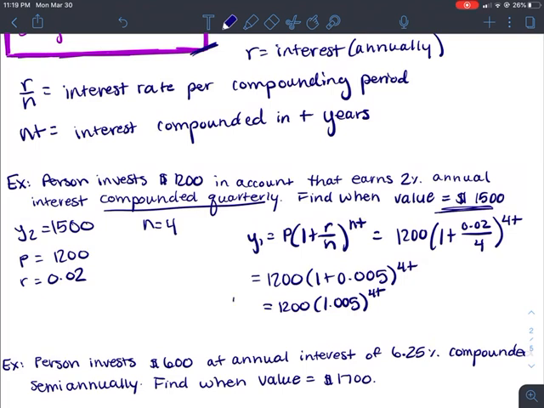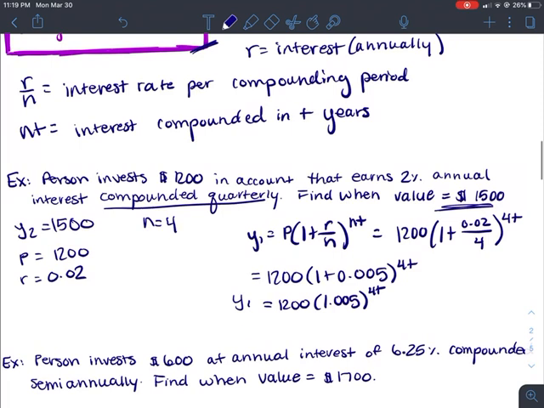So this is your y1 value. This is what you're going to be plugging into the y1 in your graph. Your y2 is going to be 1500. When you plug those into your graph, hit graph, and find the intersect, that's going to give you a value of about x equals 11.18, or about 11.2 years.